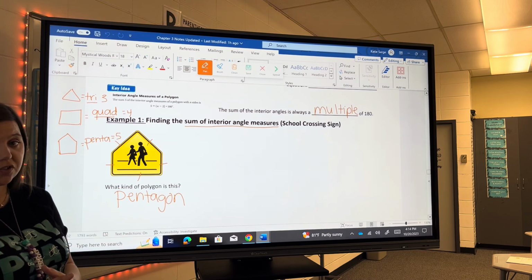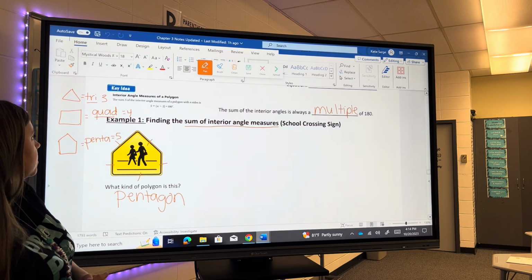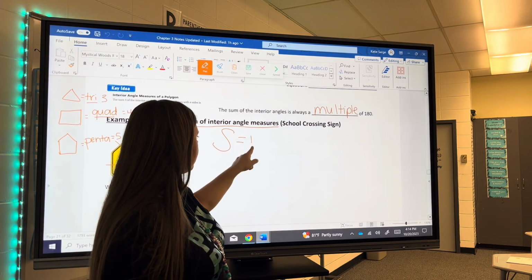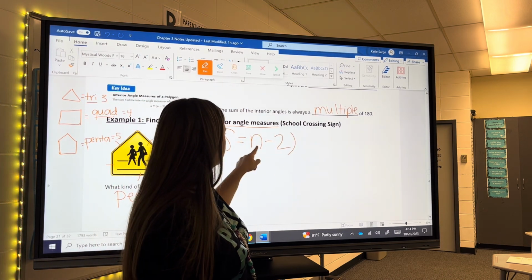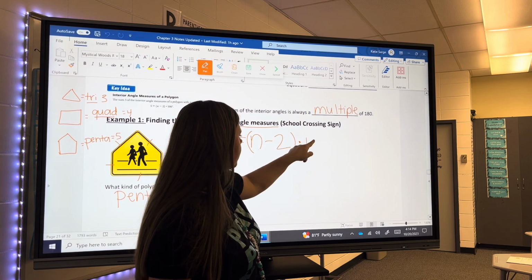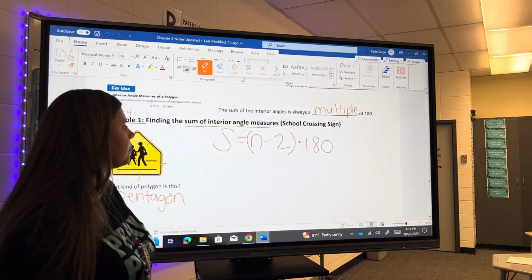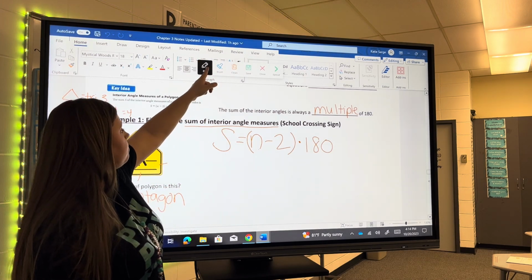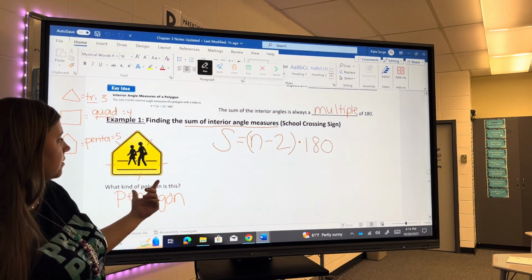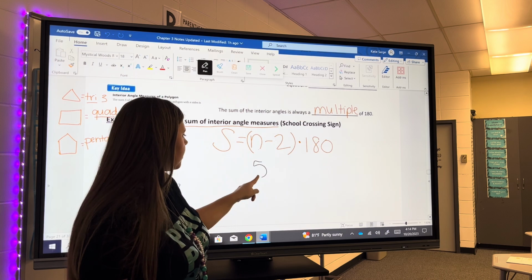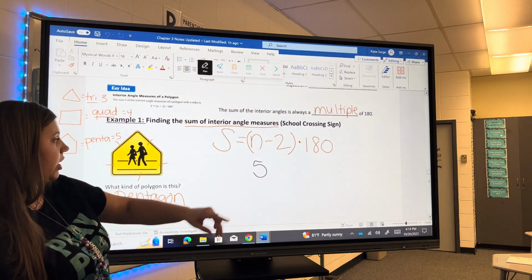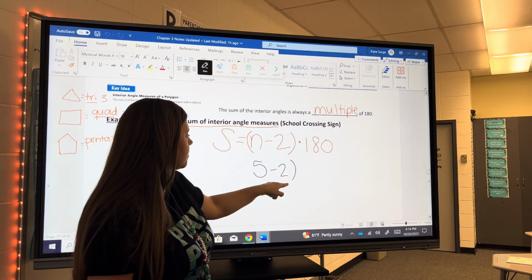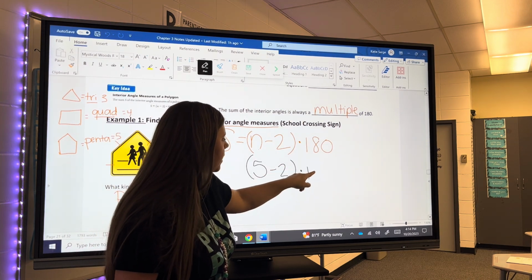Okay, so let's just rewrite the equation. S equals n minus 2 times 180. N is the number of sides. So this has 5 sides, right? So we're going to change n to be 5, subtract 2 from that, and multiply by 180.